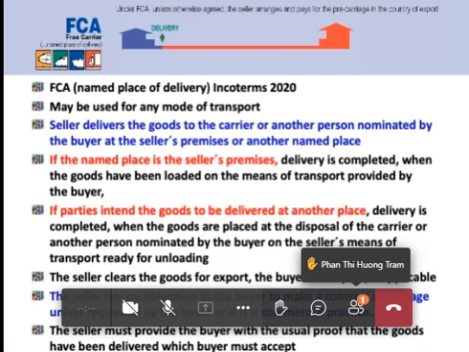With the FCA, the seller provides the proof that the goods have been delivered. Yeah, right. So the seller has to provide the proof that the goods have been delivered. Okay, any difference?